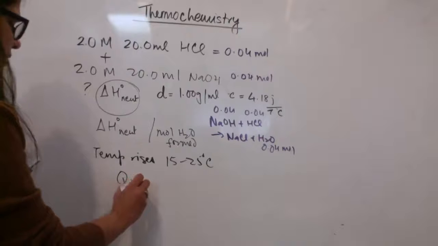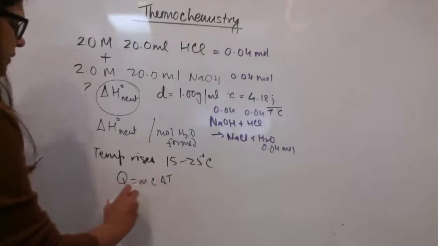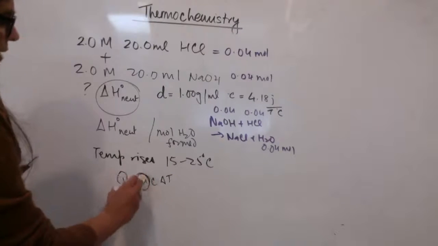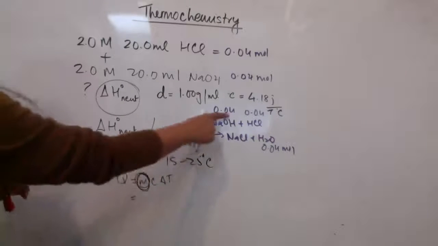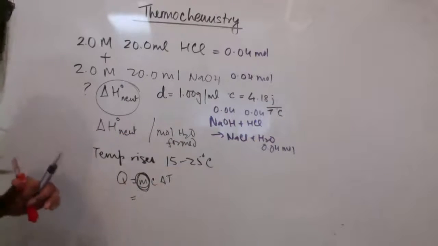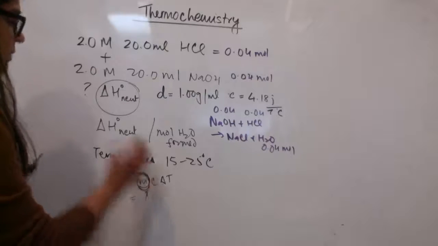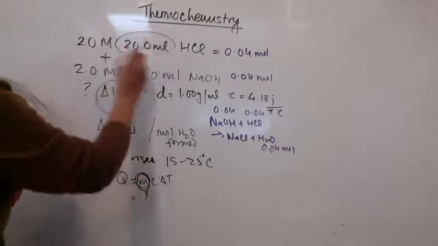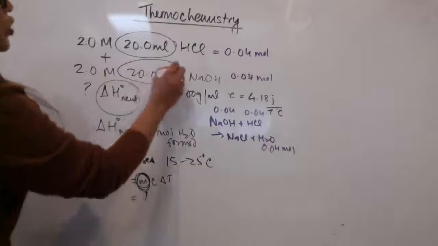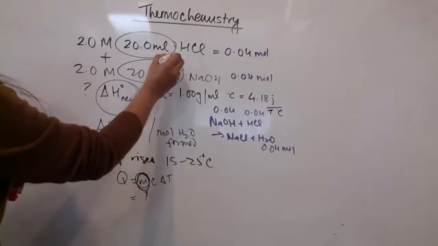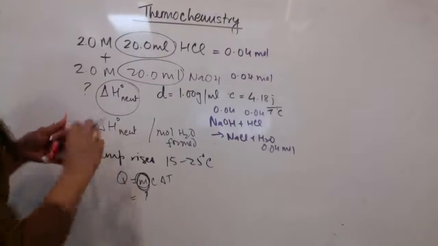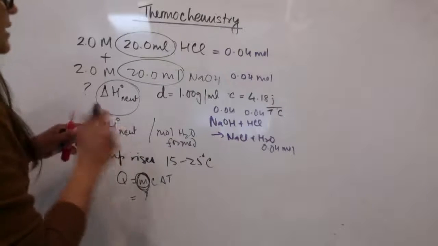So Q is mc delta T. Now, our strategy is first we figure out Q, then we divide it by moles to get delta H. The mass will be this solution and this solution. You use the volume of the solution and multiply it by density.